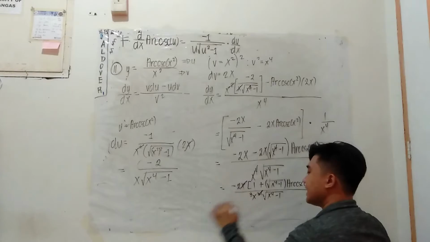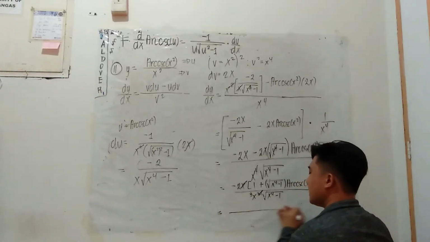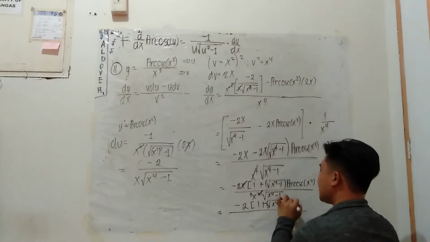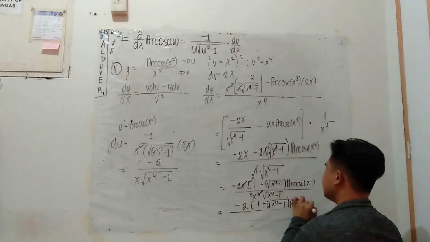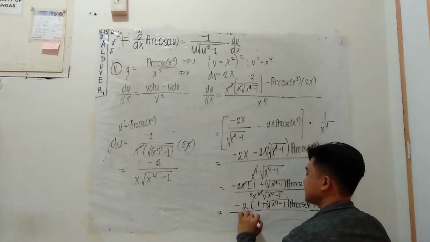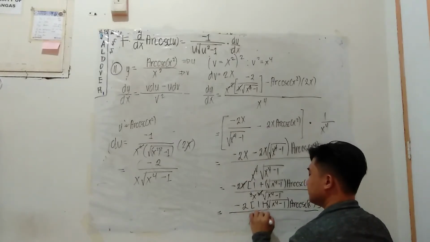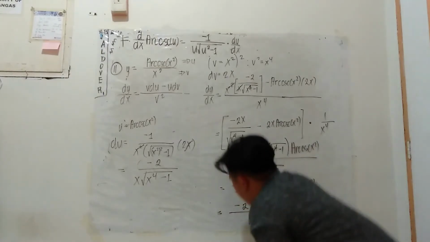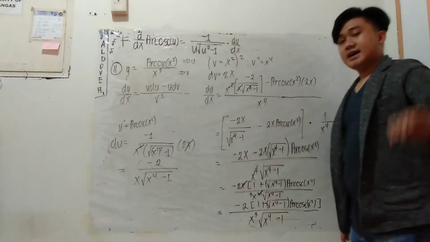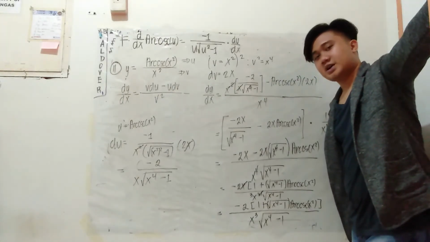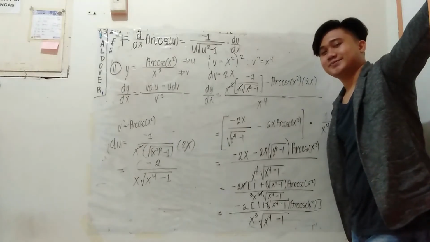What will remain is x cubed, and your final answer is negative 2 times 1 plus square root of x raised to 4 minus 1 times the arc cosecant x squared, all over x cubed times square root of x raised to 4 minus 1. And this will be your final answer. Okay? Did you follow? Okay, so copy your notes.